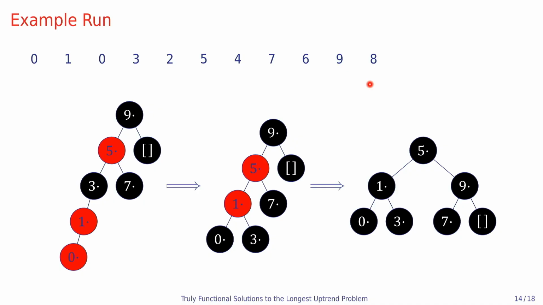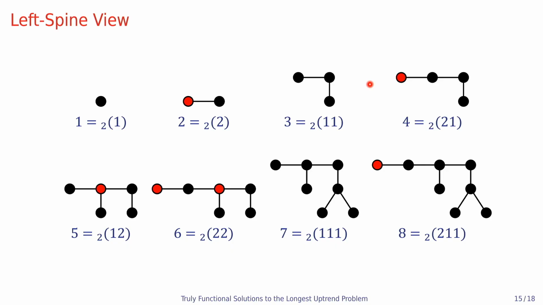So this leads us to the idea that maybe instead of using red-black trees, we use the left spine view of the red-black trees. Indeed, if we watch closely, we see that the shape of the red-black trees is very regular, and we are working on a numerical representation with digits 1 and 2.